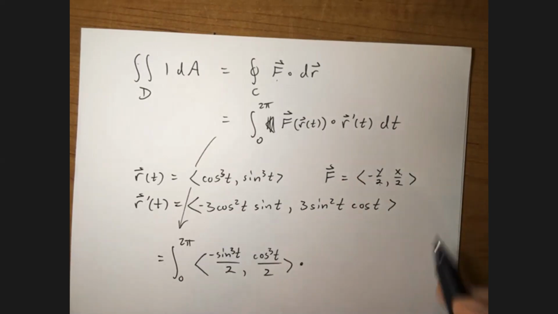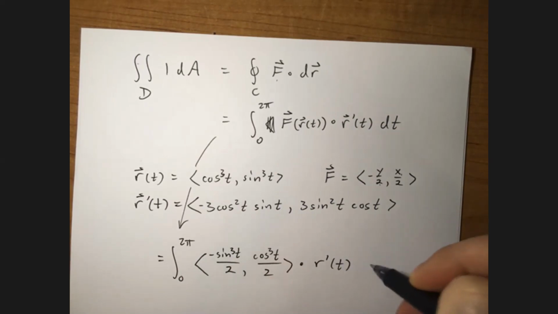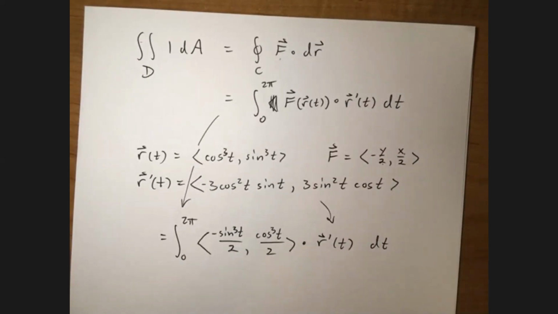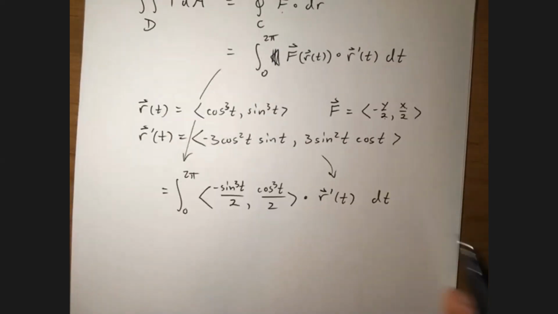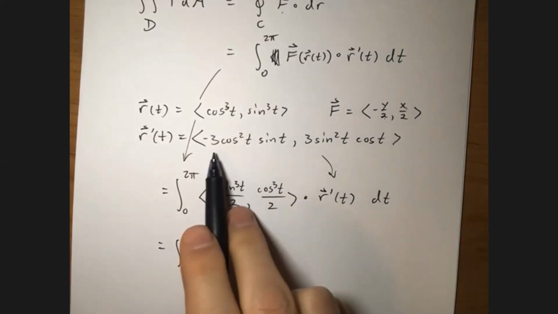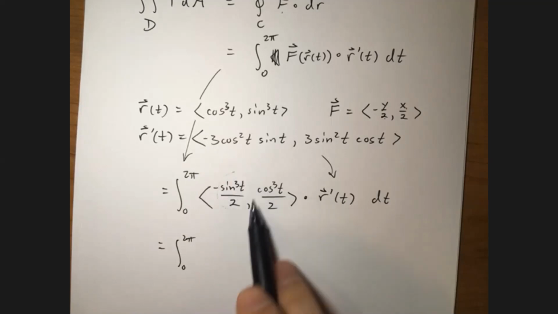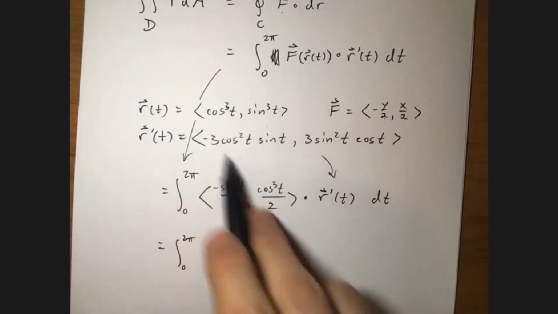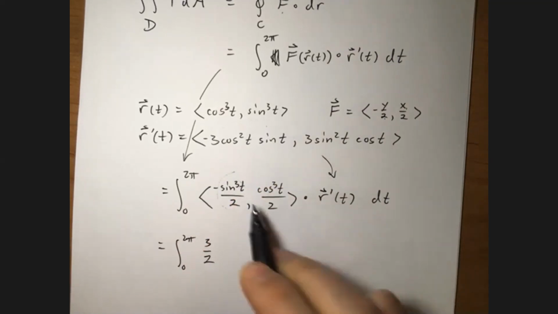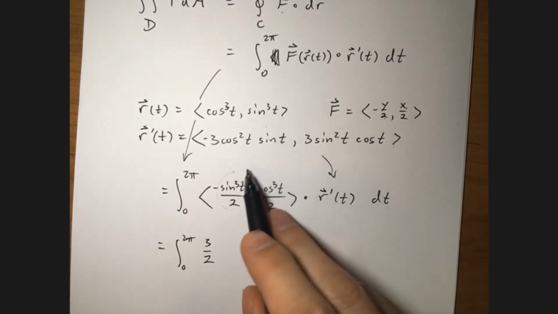So dotted with this stuff. I'm not going to write all that down here. I'll just write r prime of t dt. So now we take the dot product, right? So let's dot these. This thing multiplied by this, so we get 3 halves cosine squared of t sine to the 4th t.